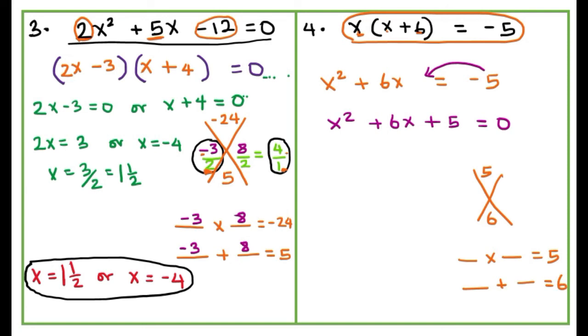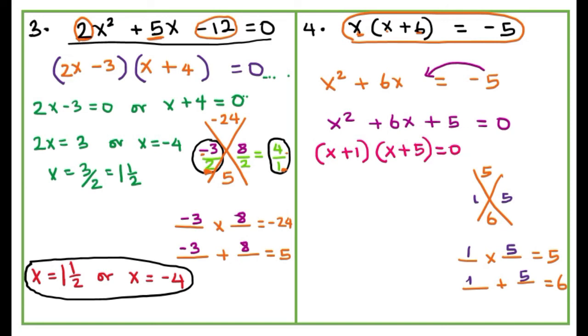And you see that those numbers are 1 and 5, because 1 times 5 is 5, but 1 plus 5 is equal to 6. So we have got 1 and 5. So the factored form of our equation is x plus 1 into x plus 5 equals 0.